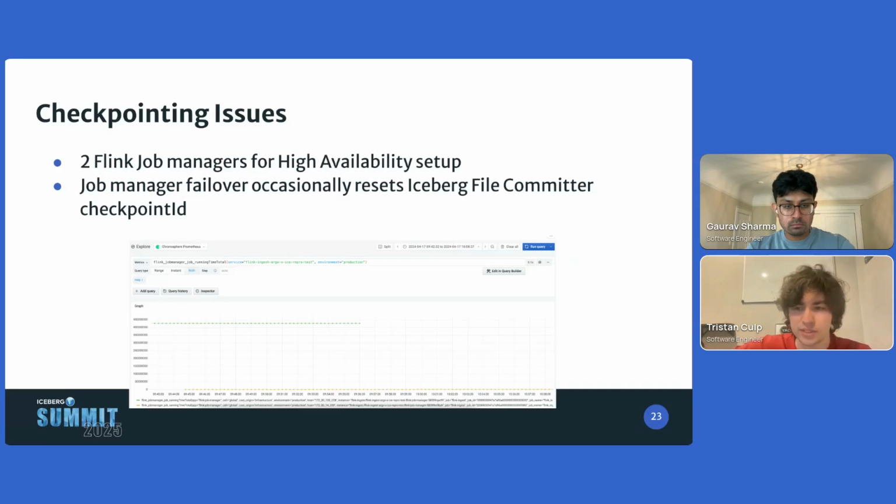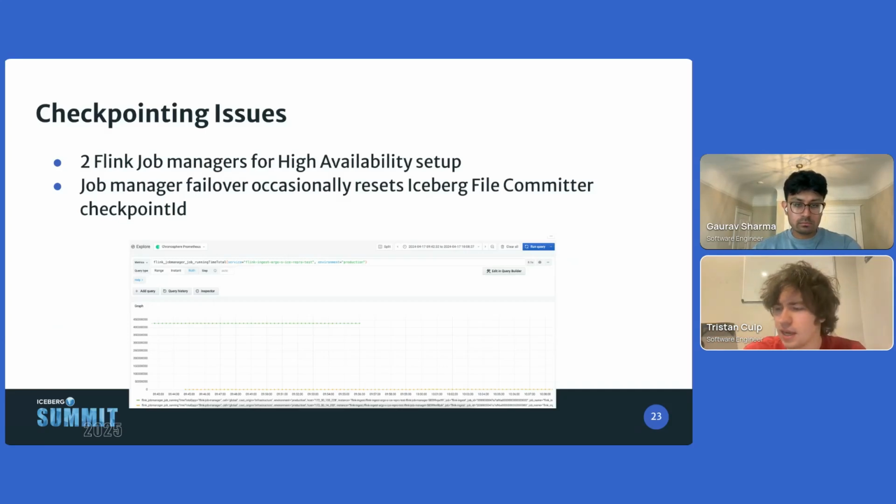And the data files would continue to commit, but when the Iceberg file committer looks at this, it thinks, oh, we're at checkpoint 1 or 2 or 3. We already committed it. We don't need to commit this. We're going to skip it. And it would do that until it gets back up to checkpoint 1000, where then it will start committing again.